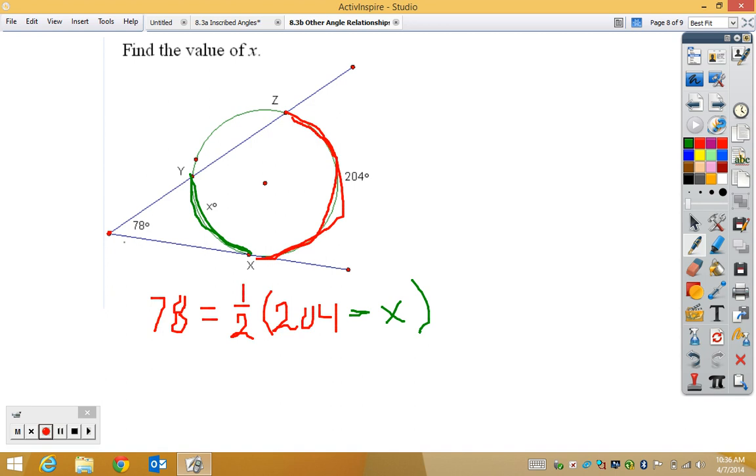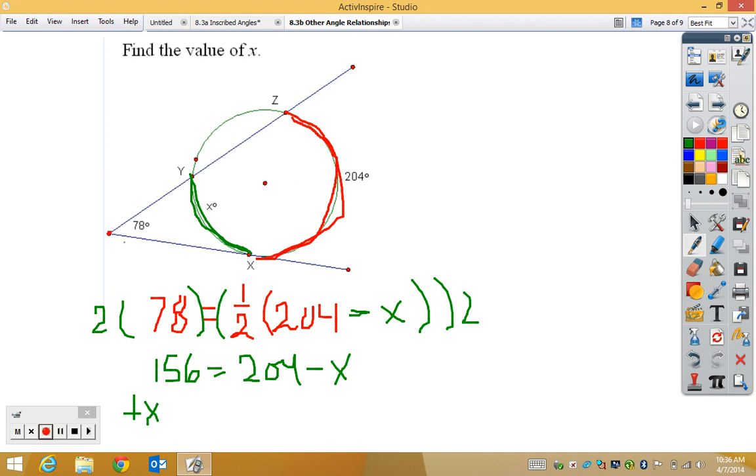So we solve for x here. First we multiply both sides by 2 to get rid of that 1/2. So we get 156 equals 204 minus x. Add x to both sides. Subtract 156 from both sides. And we find x to equal 48.